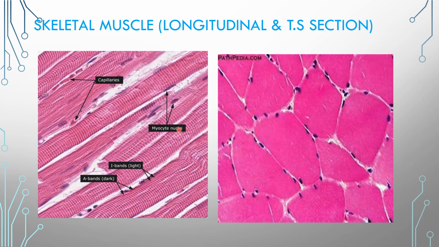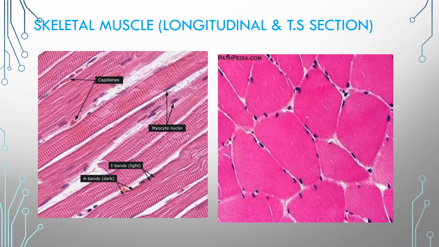Now, the longitudinal section of the skeletal muscle fibers shows the striated cylindrical appearance of the myofibrils. There are several myofibrils, and you can see they are arranged parallelly. These myofibrils show the organization of the sarcoplasm into light and dark bands.